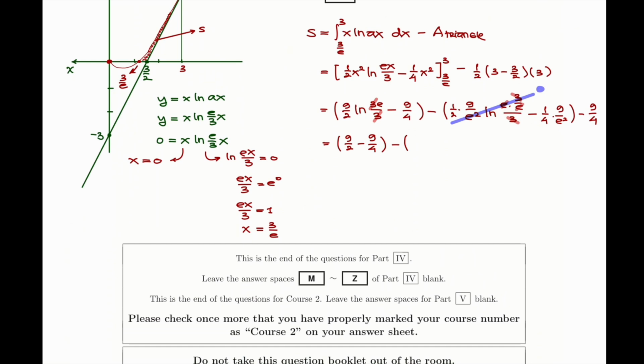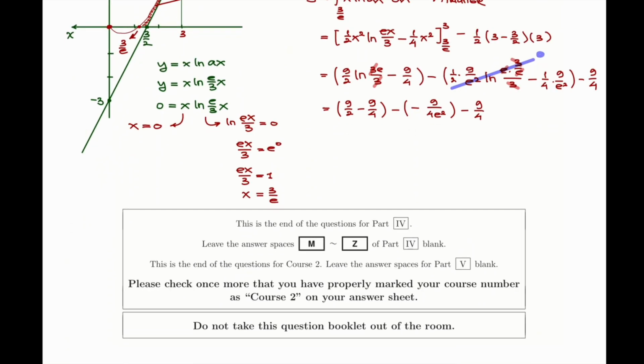And then the rest is negative 9 over 4e² minus 9 over 4. 9 over 2 minus 9 over 4 is 9 over 4, plus 9 over 4e² minus 9 over 4.